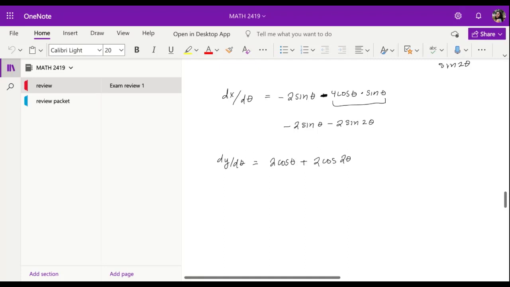Now to solve for dy dx, we'll do it just like we did earlier for the parametrics. dy dx is the same as dy d theta over dx d theta. So we have 2 cosine theta plus 2 cosine 2 theta over negative 2 sine theta minus 2 sine 2 theta.